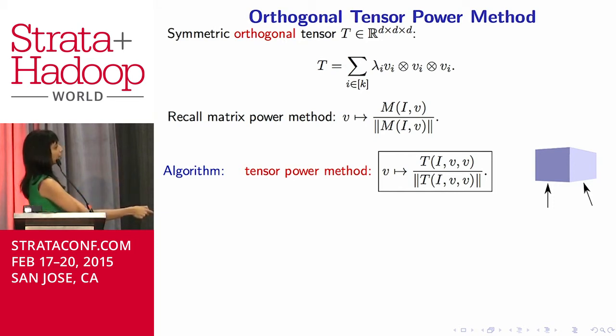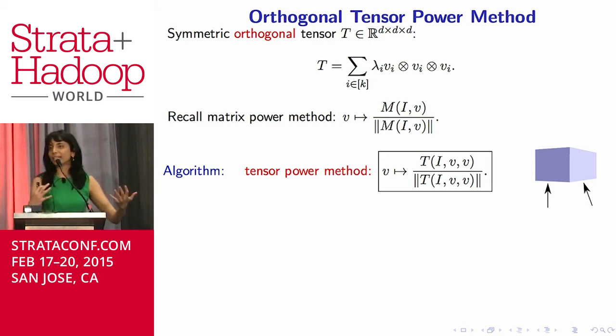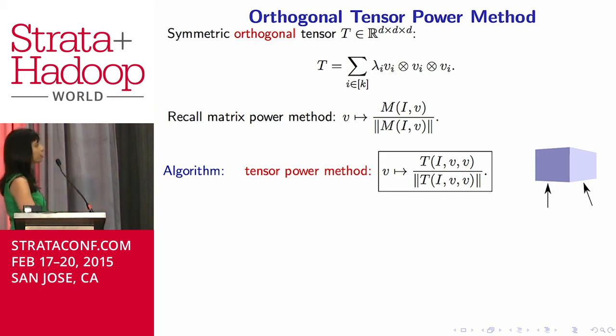In the matrix case, when I contracted the matrix along the second mode, I got a vector. But because the tensor is a 3-dimensional object, if I contract it along 2 of the modes, I get back a vector. Intuitively, this is a variation of the matrix power method, but as you run this for many iterations, you will converge to one of the eigenvectors of this orthogonal tensor.